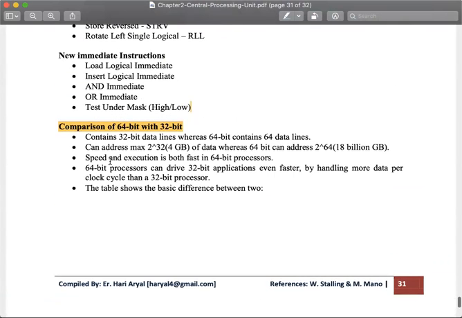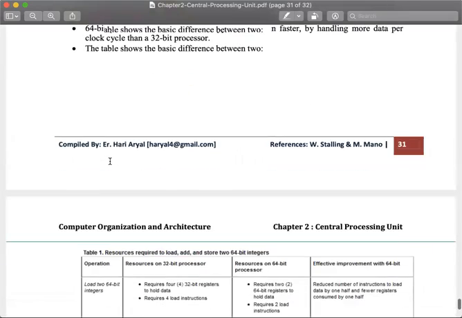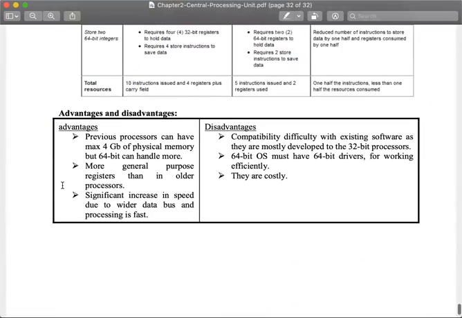The comparison between 64 bit and 32 bit is given here, along with the advantages and disadvantages.